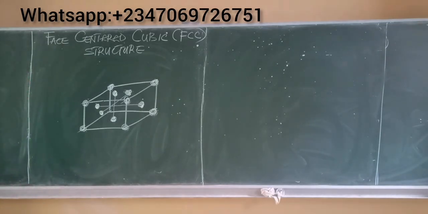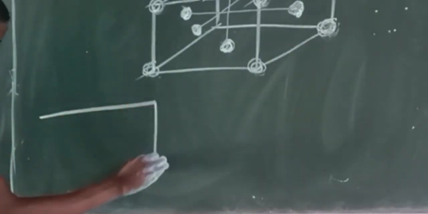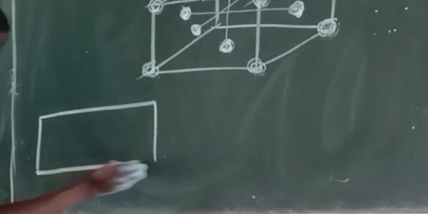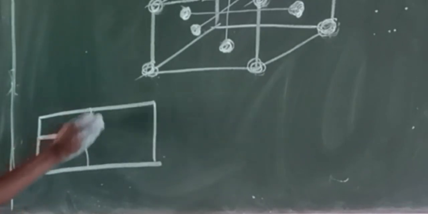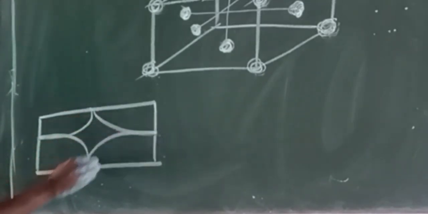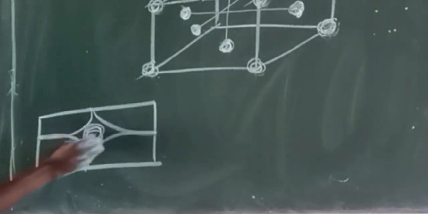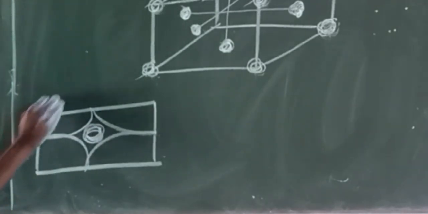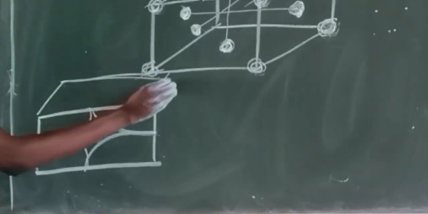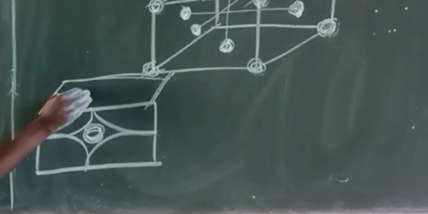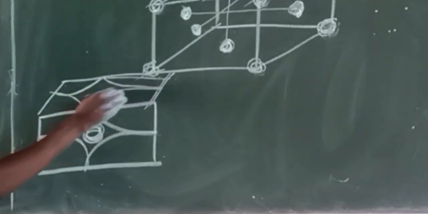So let's get a one-view picture of what it looks like. We have the corner atoms, and on each of these faces, we have a central atom. If there was another face attached up here, just like we have the corner atoms here, we have the corner atoms here and here as well.